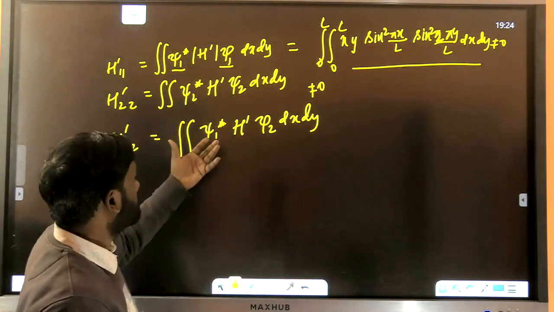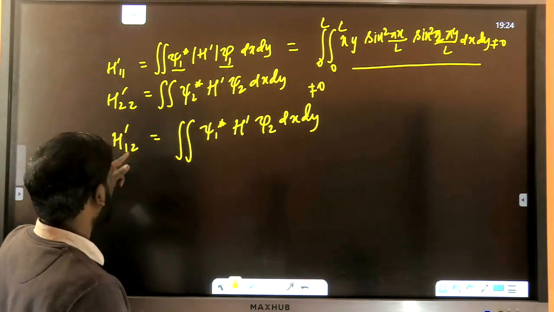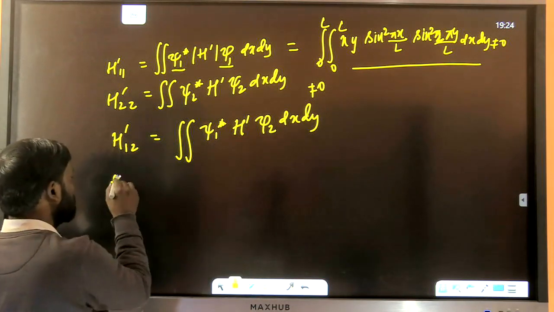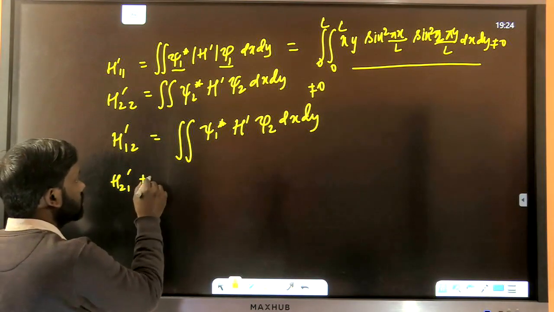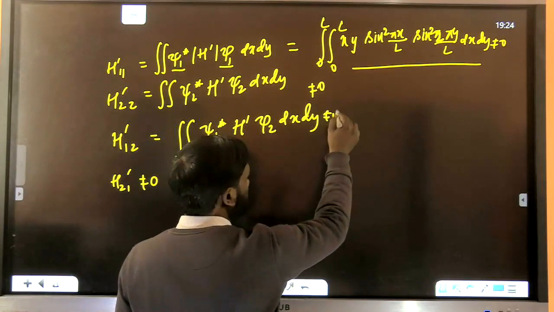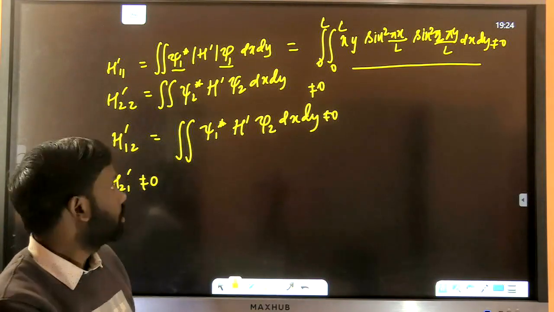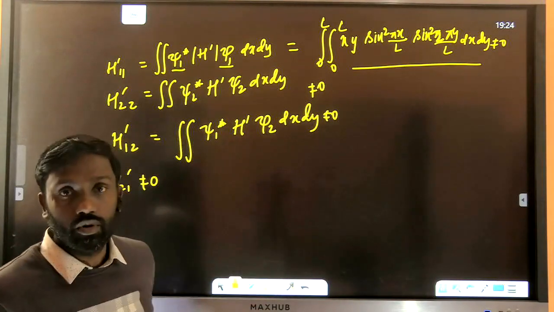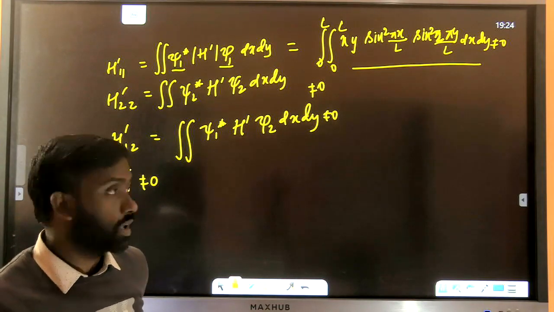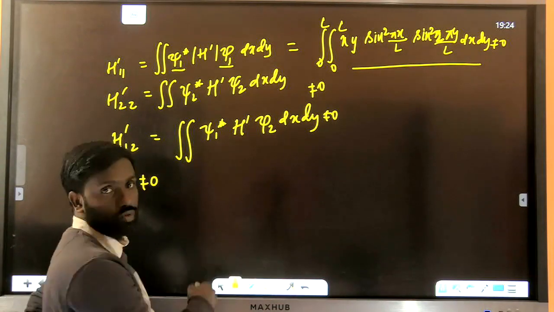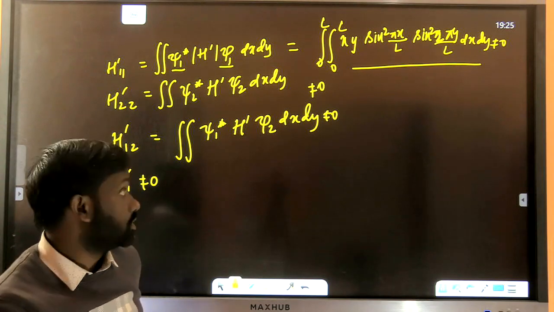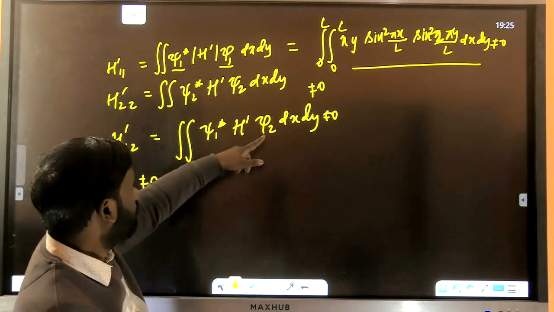Using similar logic, you can show that the off-diagonal terms are also non-zero. In this question you had to show only whether these terms are zero or non-zero, you don't have to calculate them. So I think all these terms are non-zero.